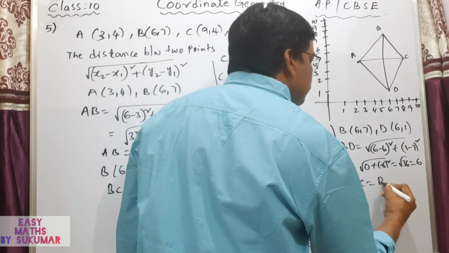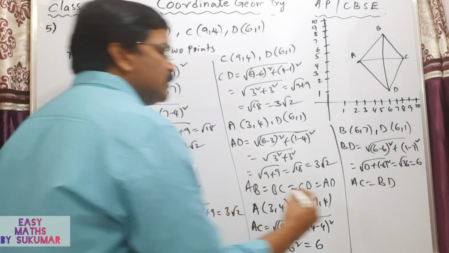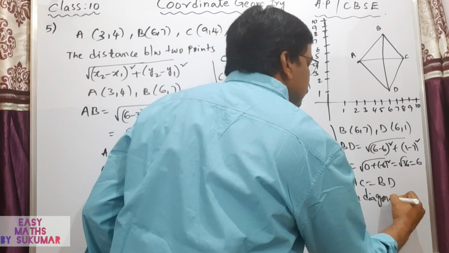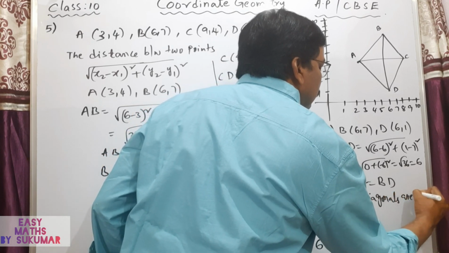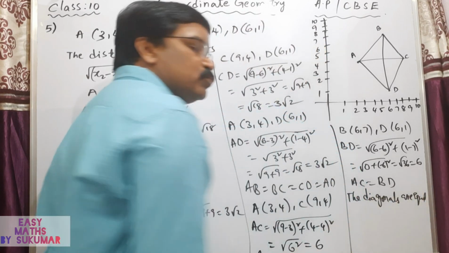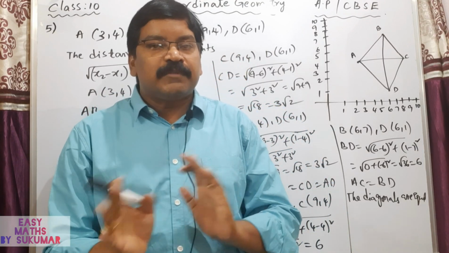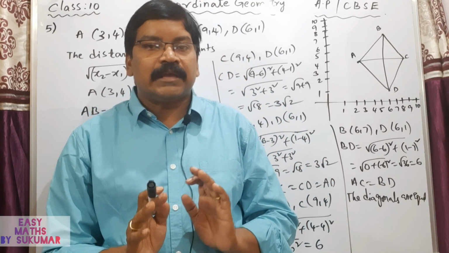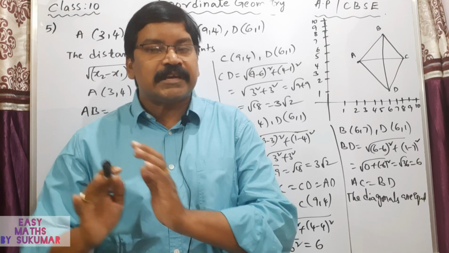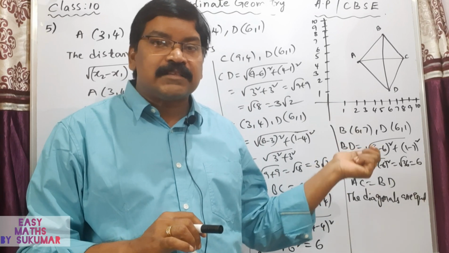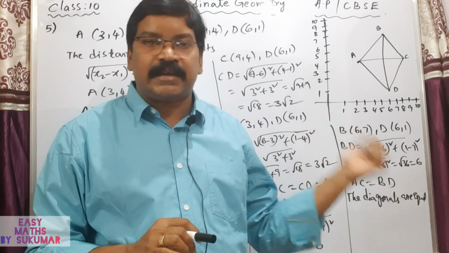This AC and BD are equal. That means the diagonals are equal. As I told you, students, the difference between a rhombus and a square is that the diagonals are equal in a square, but in a rhombus the diagonals bisect each other at right angles.